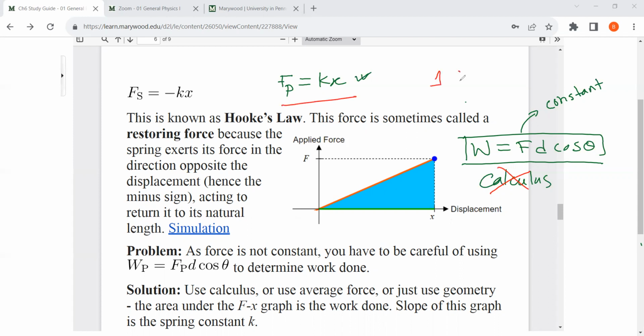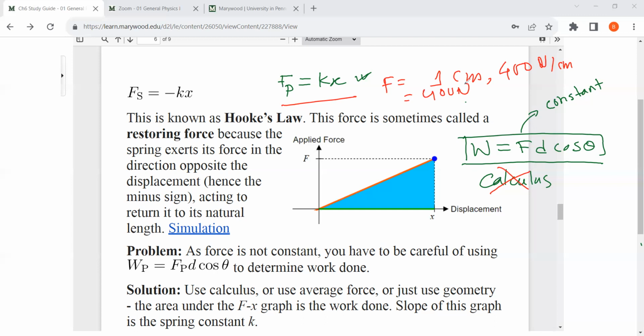If x is 1 centimeter, and let's say k is 400 Newton per centimeter, then it will be 400 Newton. If x is 2 centimeters, then it will be 800 Newton. So you see that when you change the value of x, the force changes.